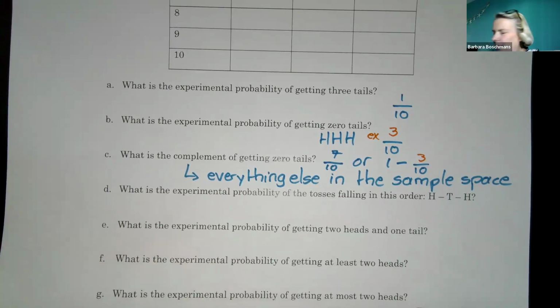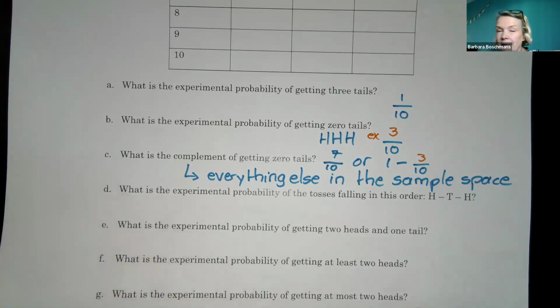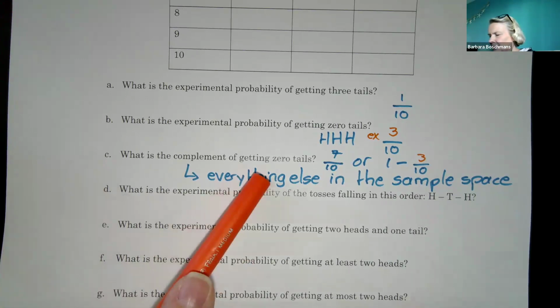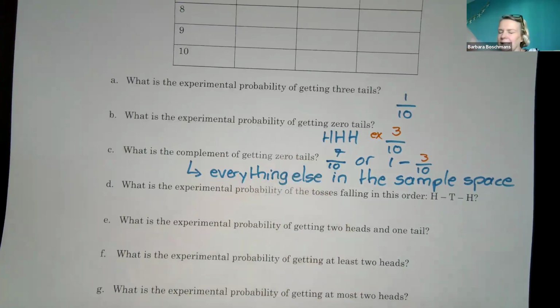So if I had heads, heads, heads 3 times, which is 0 tails, the complement of that would be 7 over 10. So we can always do 1 minus whatever the complement is asking for. The complement of 0 tails, if 0 tails was 3 out of 10, is going to be 1 minus that, because it has to add up to 1.